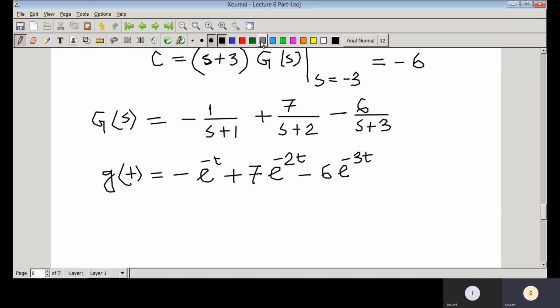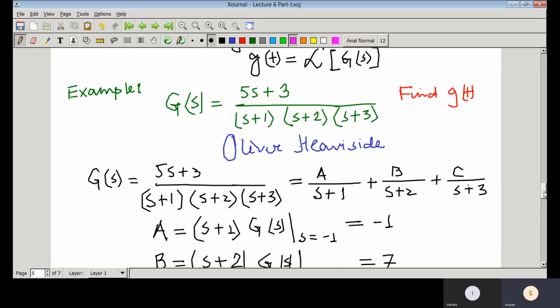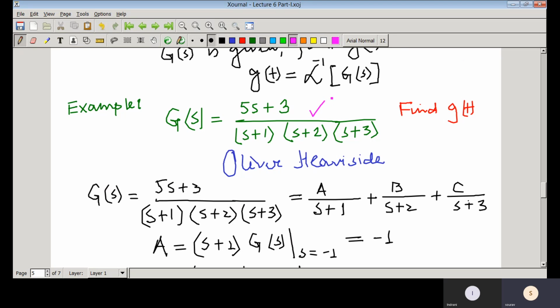So this is that g(t), and you get this expression just by applying the inverse Laplace transform. Here one important concept you can take from this example: this transfer function has 3 poles, at -1, -2 and -3.